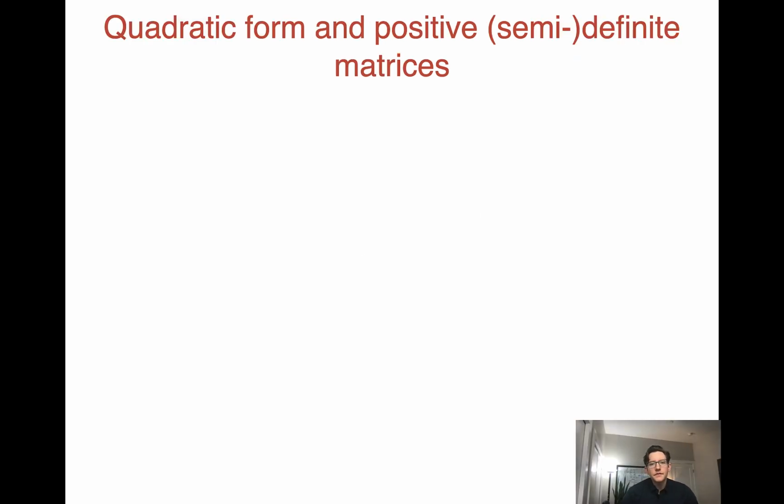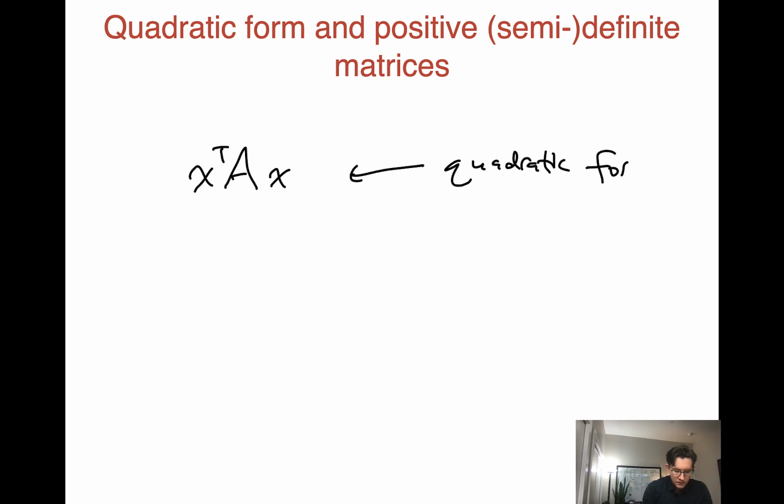Let's look at a specific expression that we're going to see a lot in this course: x transpose Ax. This is called a quadratic form. It's in some ways analogous to x squared in scalar algebra.